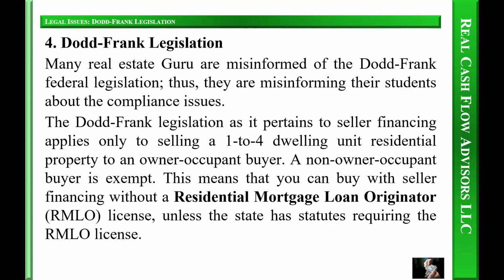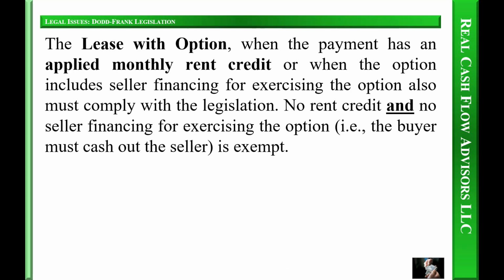This means that you can buy with seller financing without a residential mortgage loan originator, RMLO, license, unless the state has statutes requiring the RMLO license. The lease with option, when the payment has an applied monthly rent credit, or when the option includes seller financing for exercising the option, also must comply with the legislation.